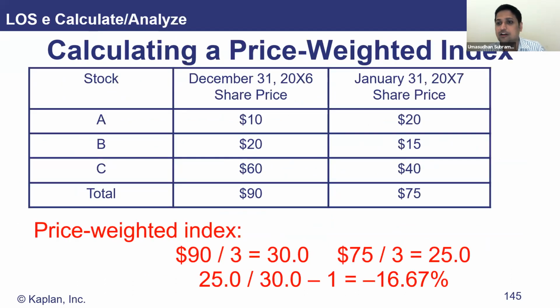Then we are going to look at illustrations to understand how to calculate index return under each method, like market cap weighted return, equal weighted index return, price weighted index return, value weighted index return, etc.